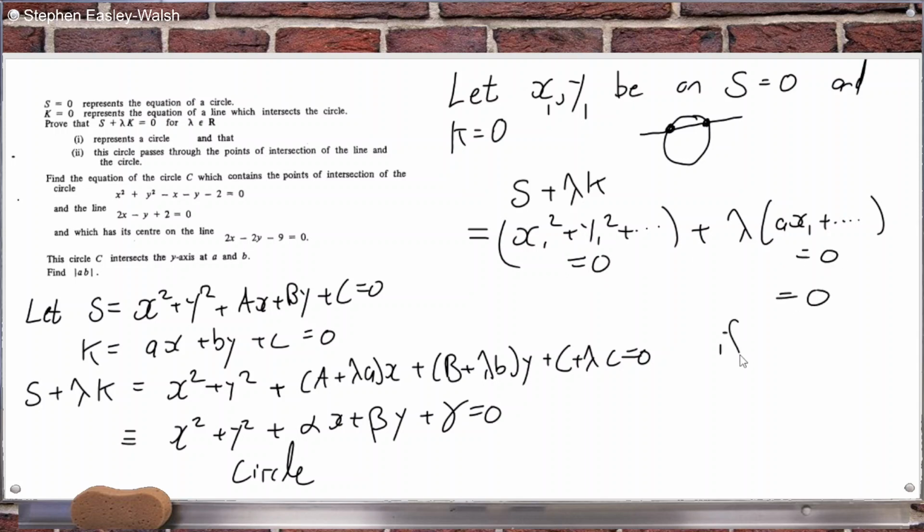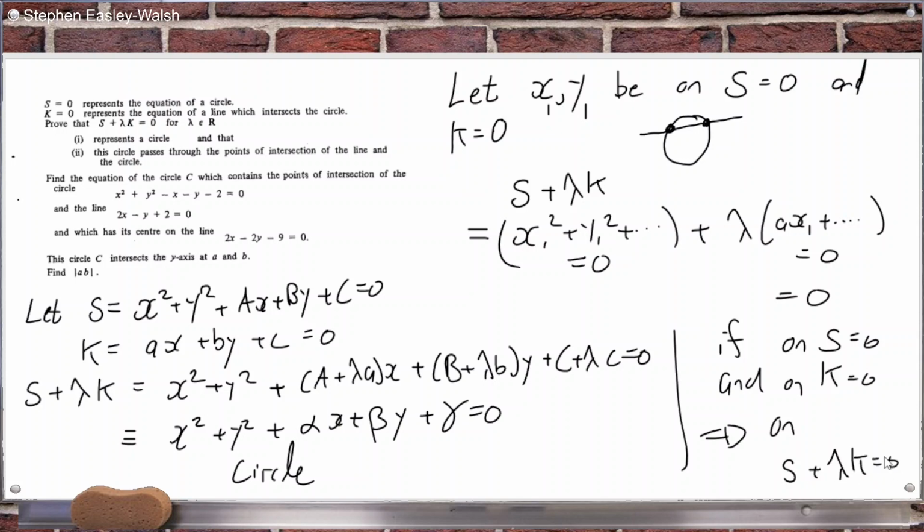So if it's on S and it's on K, then that implies it's on S plus lambda K. Yeah, okay, so that takes care of the first part.